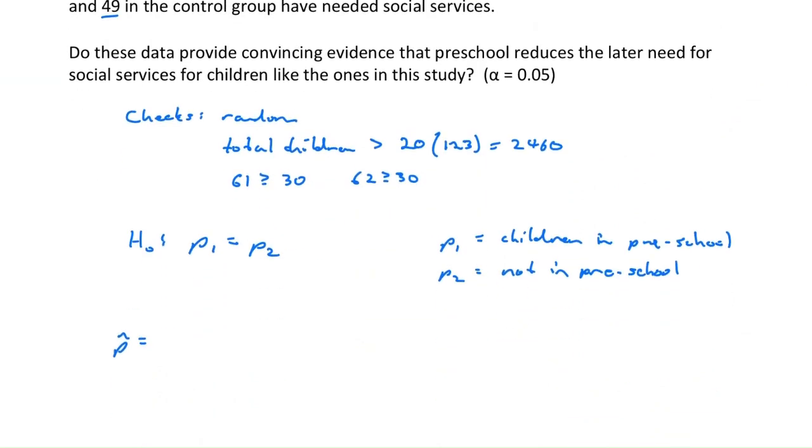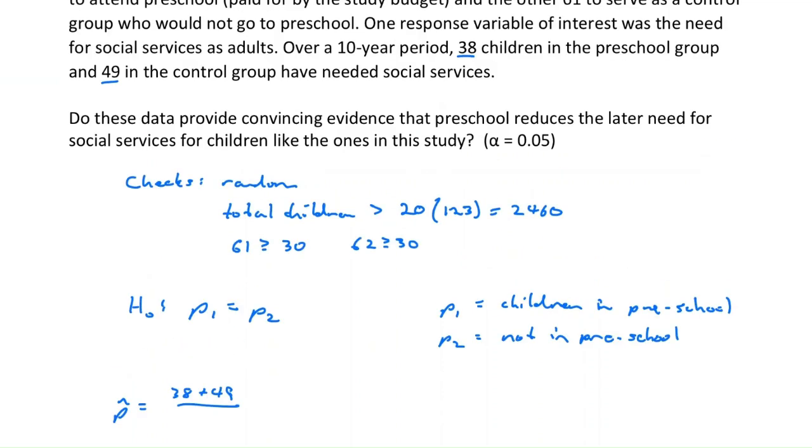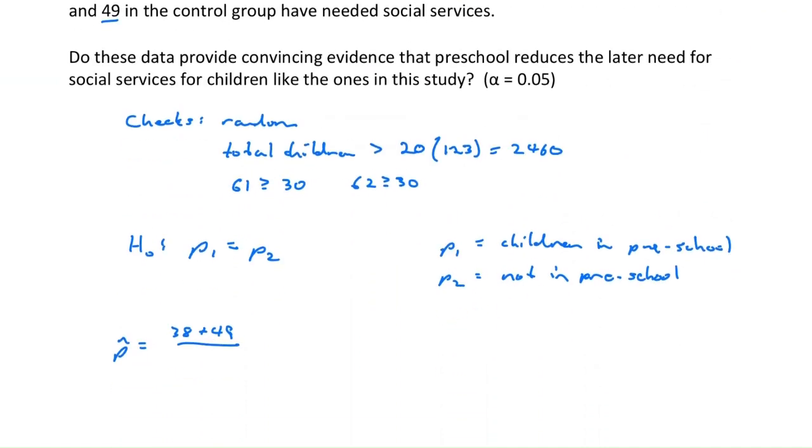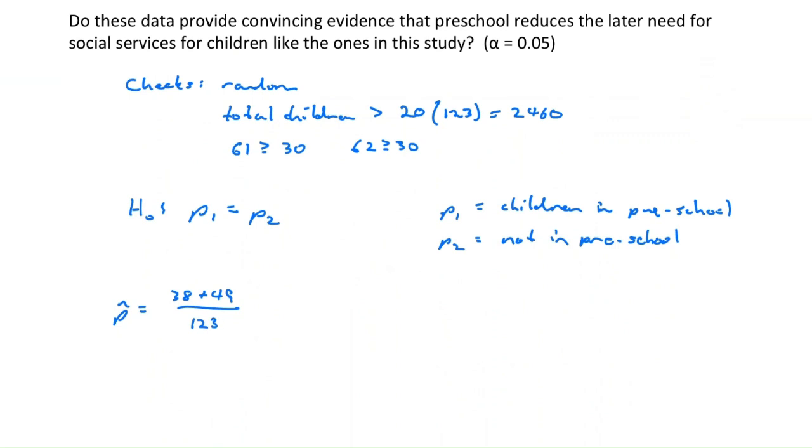So 38 plus 49 divided by 123 total who were part of the study. And that's going to give us 0.707. So basically, regardless of whether or not they were in preschool, 70.7% of the participants needed social services later in life. Okay.